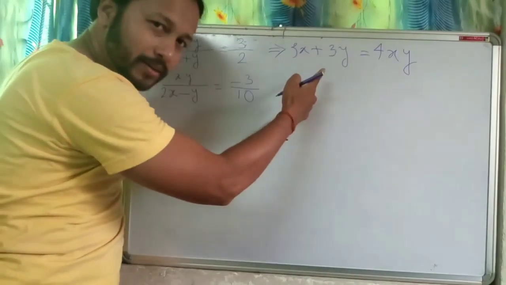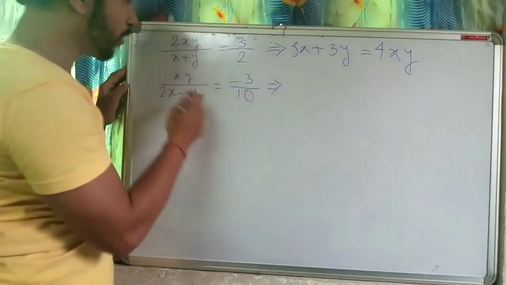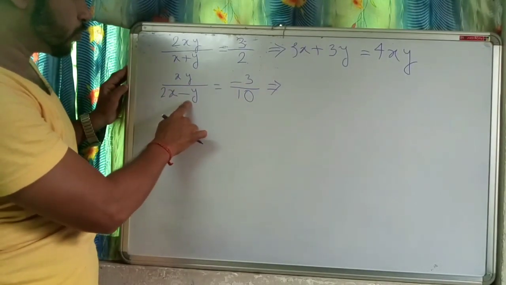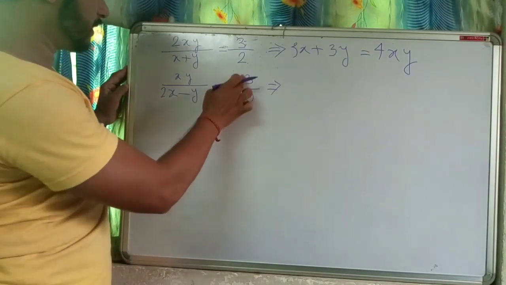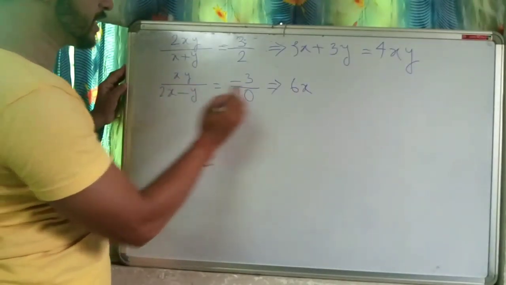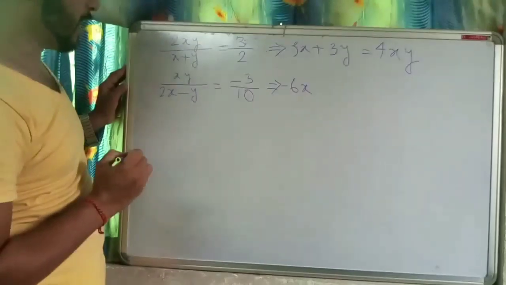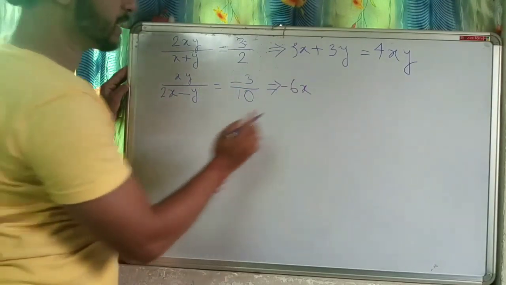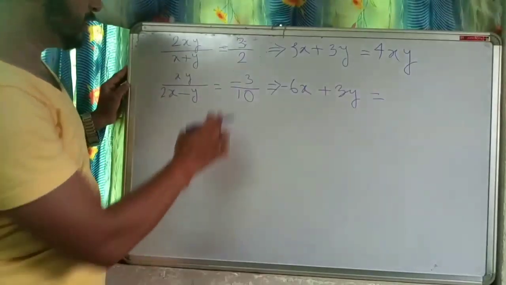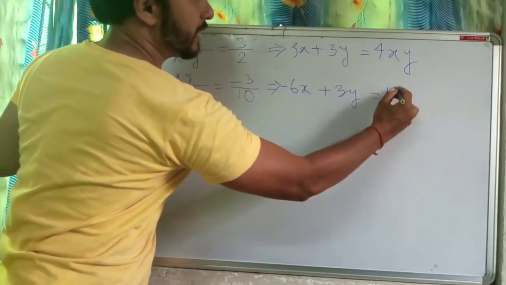Isn't it simple? Good. Now from this, by minus 3 we'll multiply this 2. So we are getting 3 times 2, that is minus 6x. Then by minus 3 multiply this, plus 3y. Then 10 into xy, 10xy.